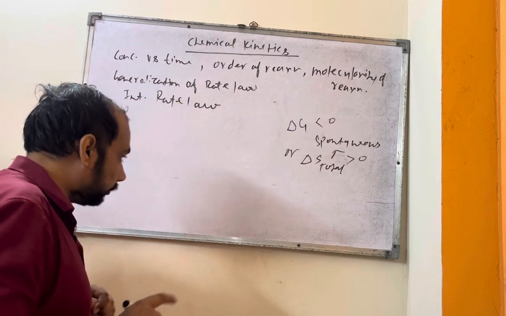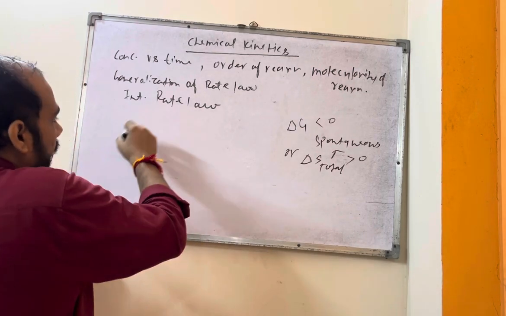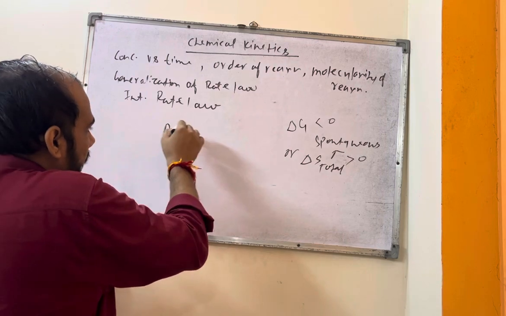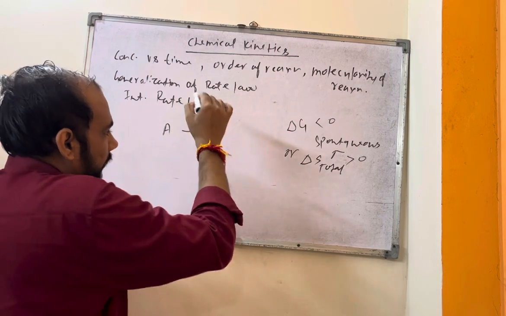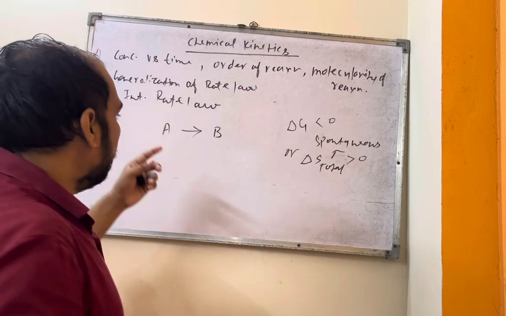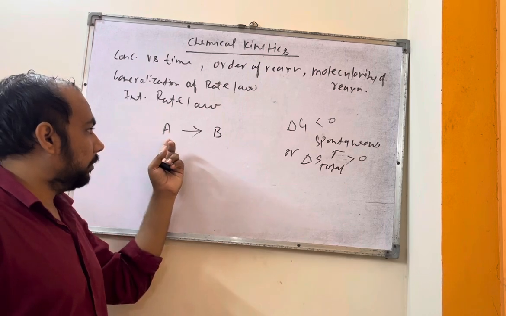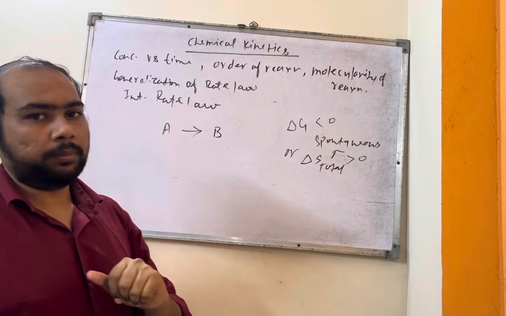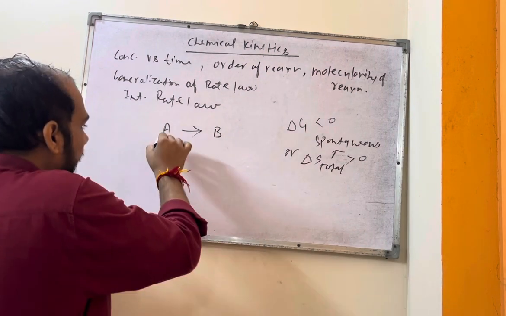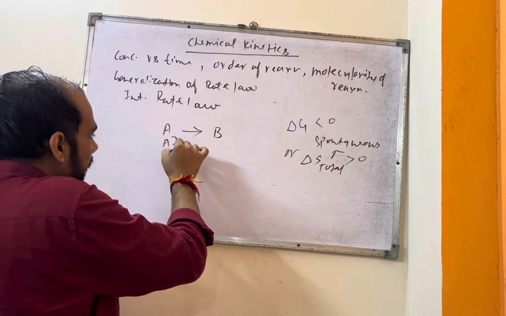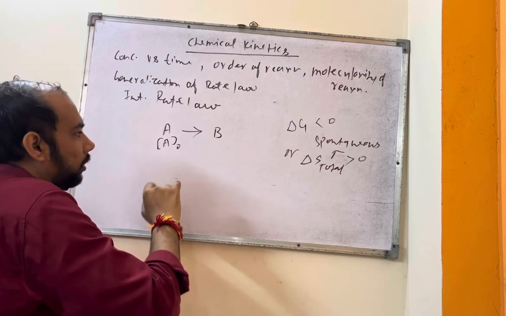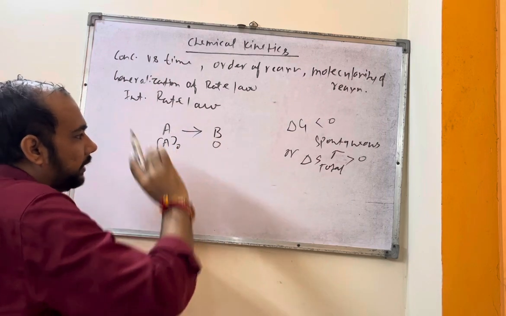So the first thing is we are going to take a hypothetical equation A to B. In A to B we have a reactant A and product B. We have taken its initial concentration as A0 and B as 0.